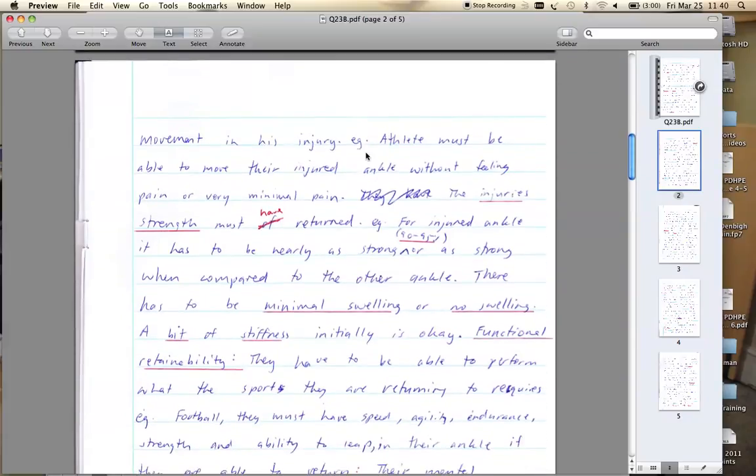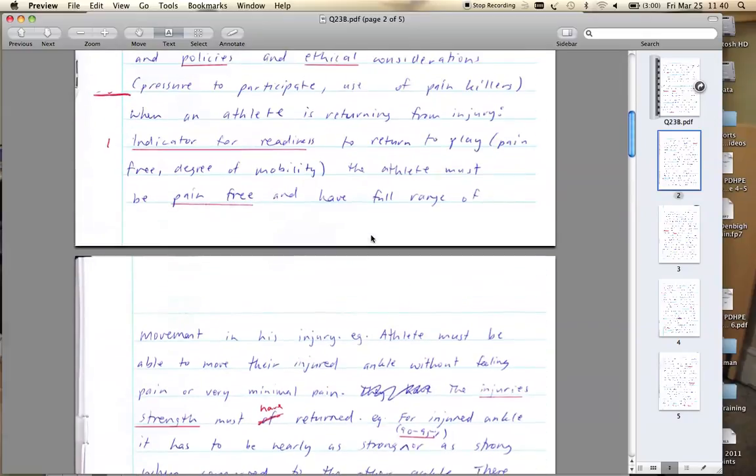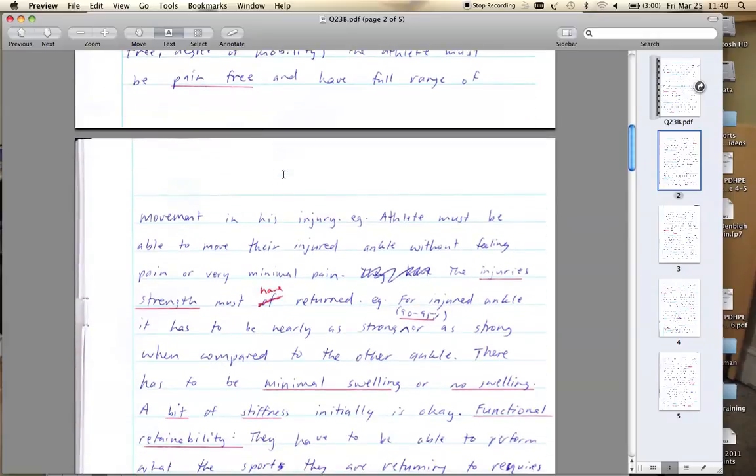He's gone through it, he's given specific examples, he's analysed it, which means he's relating cause and effect. So if we're talking about indicators for readiness, what are they and how do they relate to returning to play? What's the relationship between having a pain-free movement of the joint and returning to play?